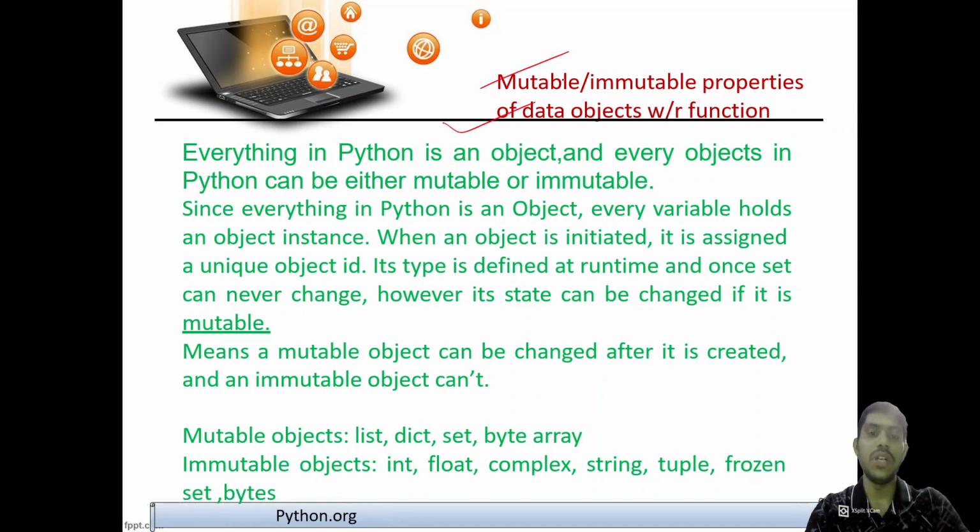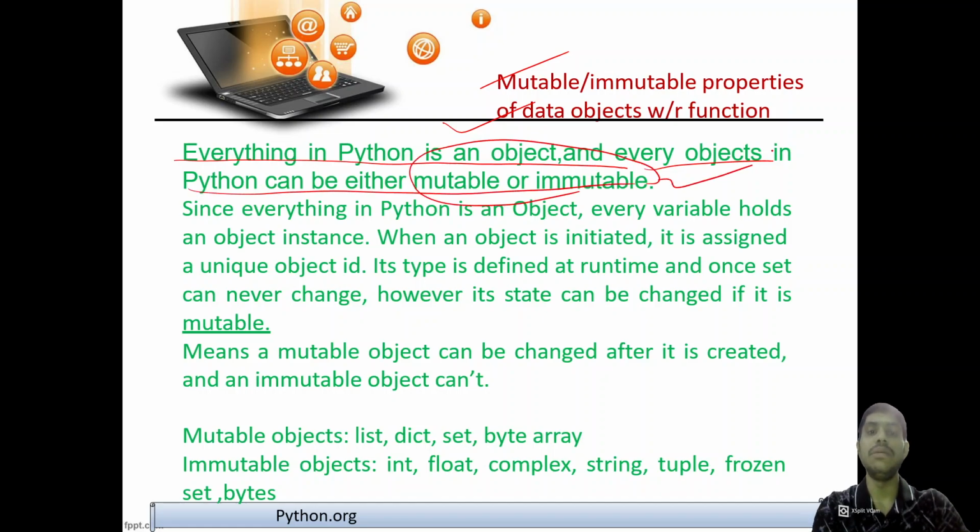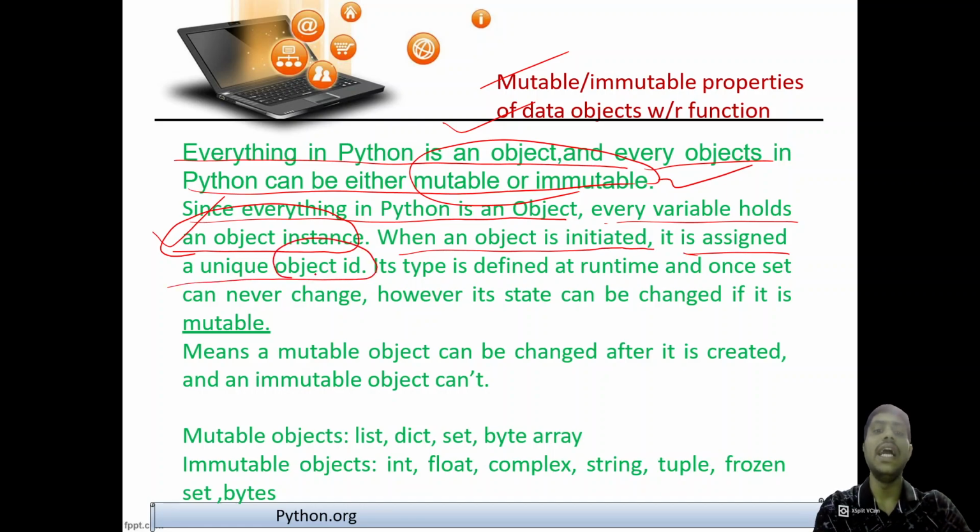Mutable, immutable property. Everything in Python is an object, and every object in Python can be either mutable or immutable. We have already written what is mutable and what is immutable. Since everything in Python is an object, every variable holds an object instance, that is, a memory address. When an object is initiated, it is assigned a unique object ID, a memory address, and its type is defined at runtime and never changes.